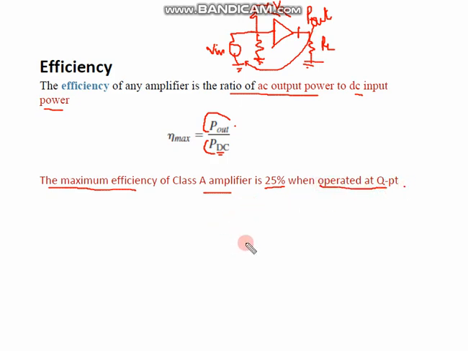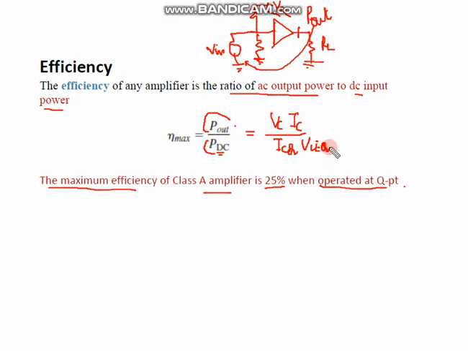How can I prove it? Over here I can go into this equation. P out would be VC times IC, divided by PDC, which would be ICEQ times VCEQ, the quiescent point.